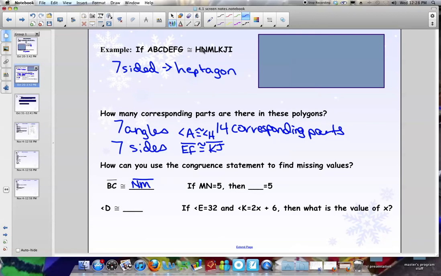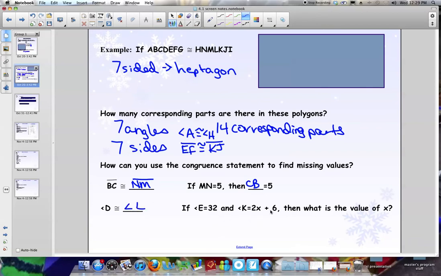If MN, if the distance from M to N is 5, then the distance from what value to what value would be 5? You just go over to the other one, find its matching parts. So it would be from C to B is 5. Angle D would be congruent to which angle in the other polygon? And that would be angle L.